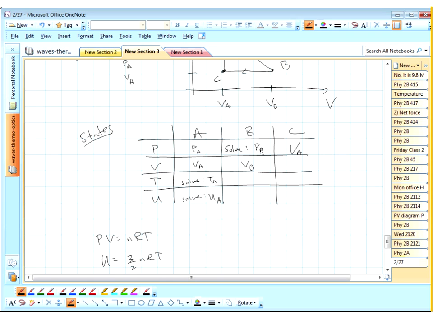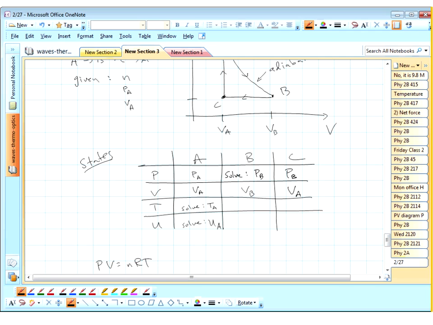And once we have the pressure at B, we know that that's the same as the pressure at C. Those are the same pressure, right?